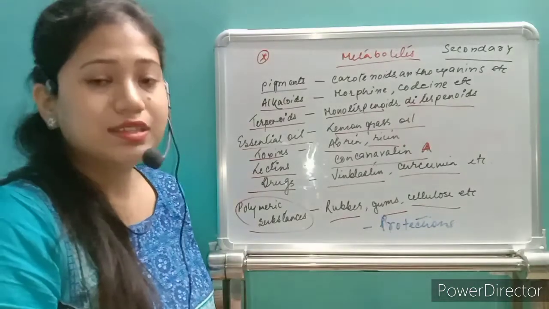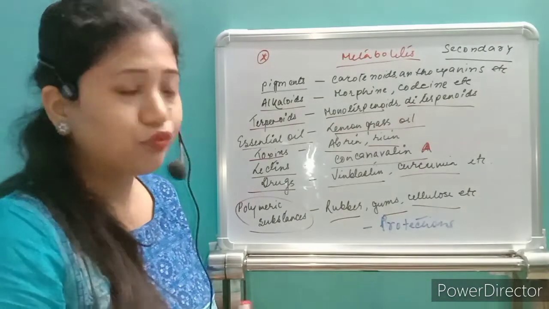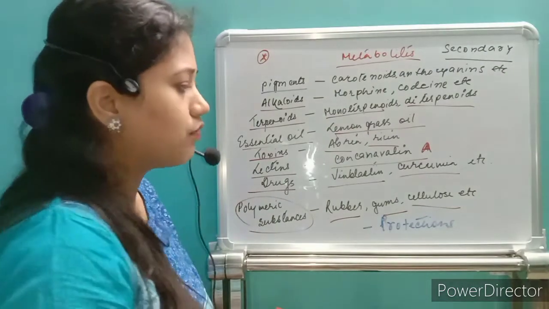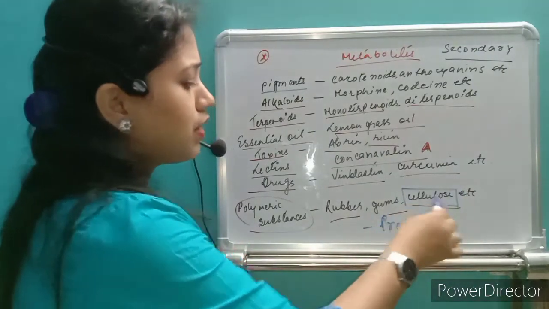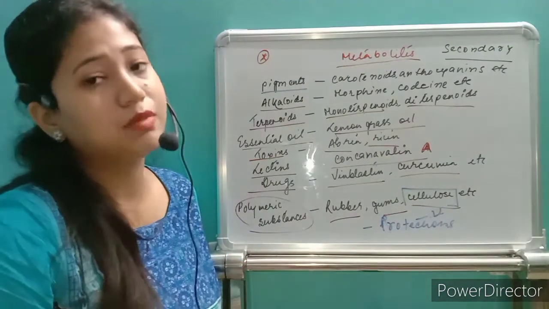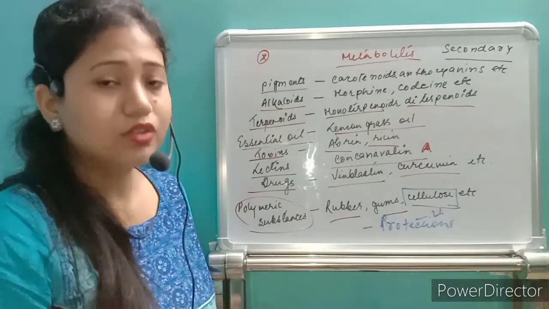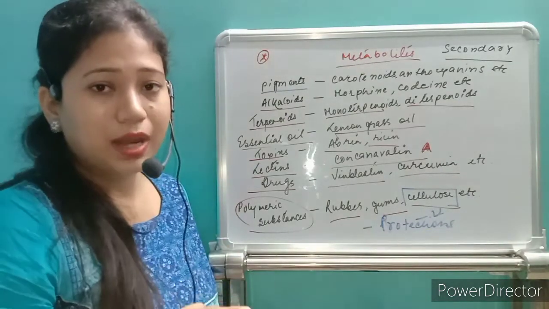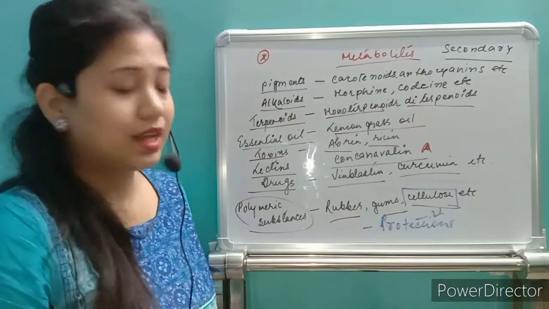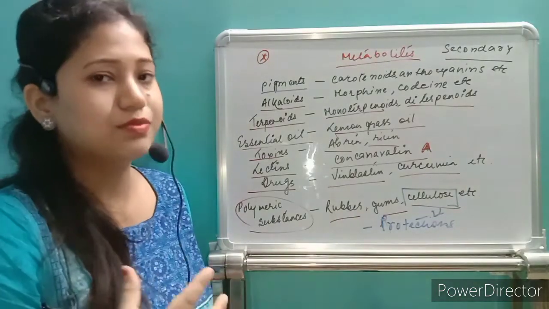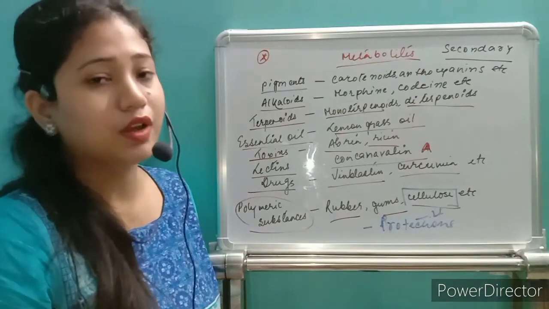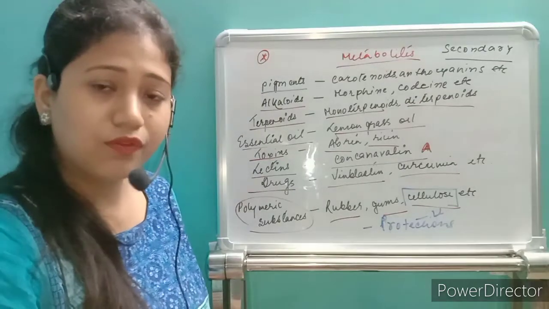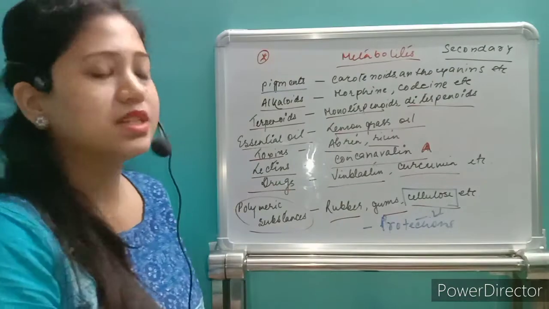We generally think of cellulose as having a function in protection, but it is not helping in metabolism in any way. The outer layer of a plant cell contains cellulose. Cellulose basically helps in protection and does not perform any metabolic role. So cellulose is also a secondary metabolite.